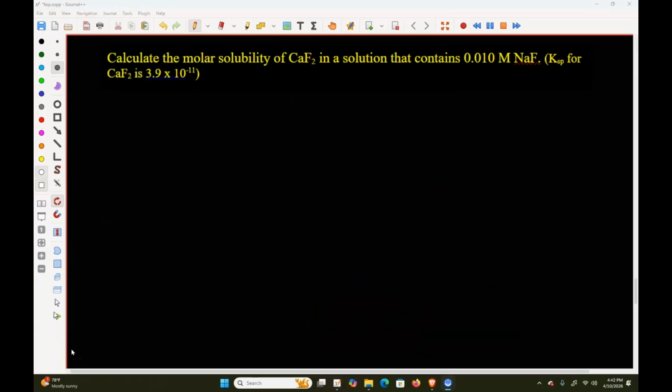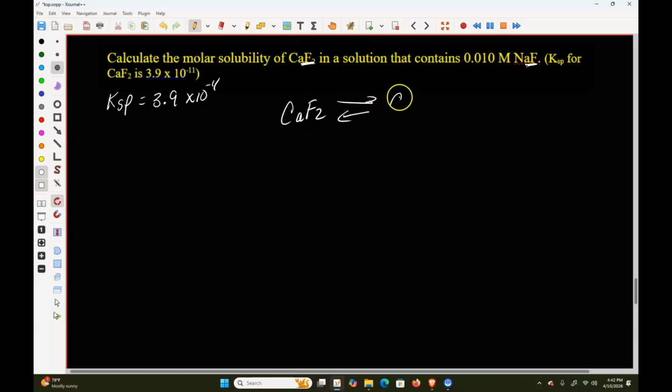Okay, on problem 8, we're doing basically the same problem as problem 7, except with our common ion this time will be the fluoride ion. So still our Ksp is 3.9 times 10 to the negative 11. Again, we're going to do our ice table.